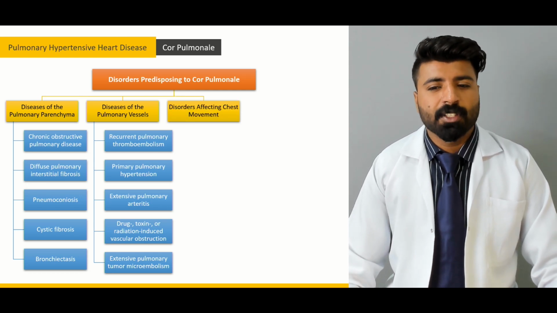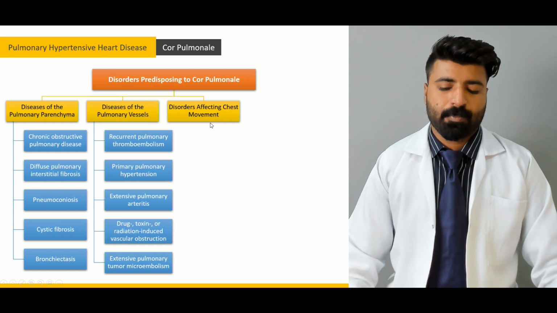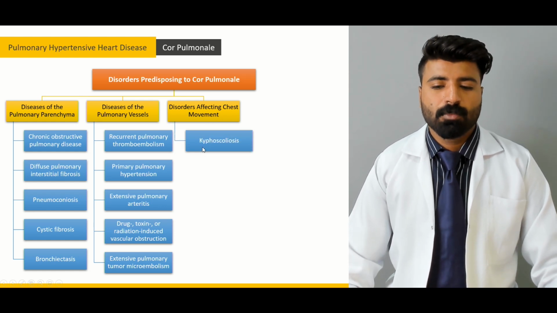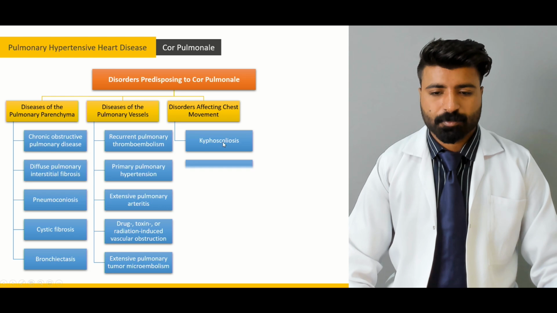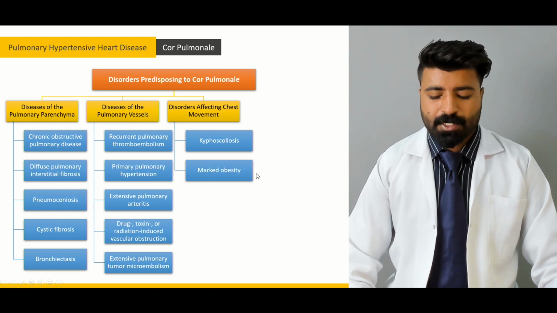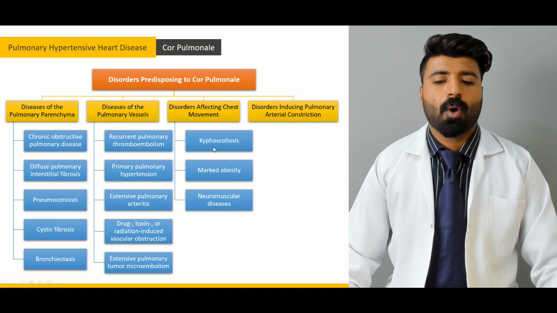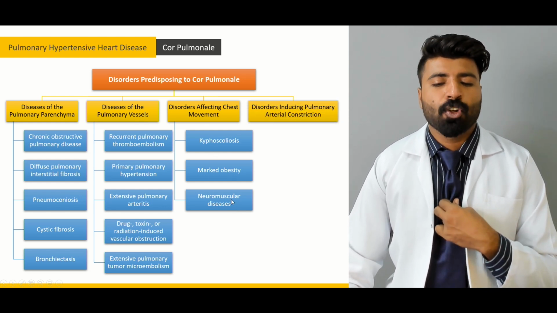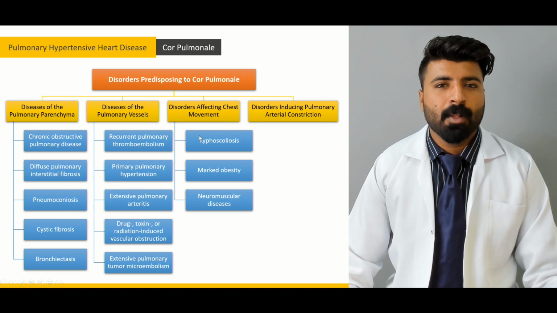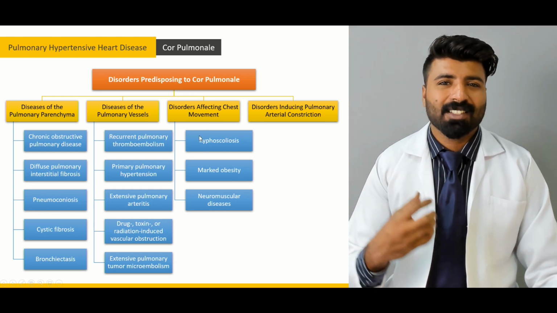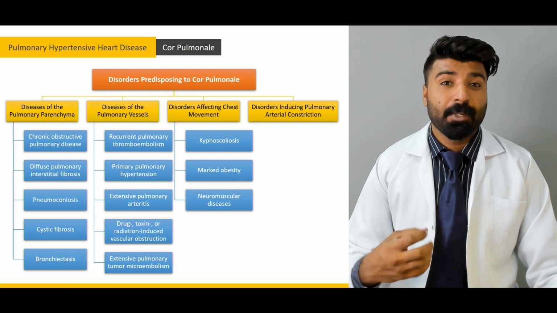Next, now we have disorders which are affecting chest movement. These include kyphoscoliosis, marked obesity, neuromuscular diseases. Now, kyphoscoliosis and neuromuscular diseases, both of them will lead to these muscles being affected.